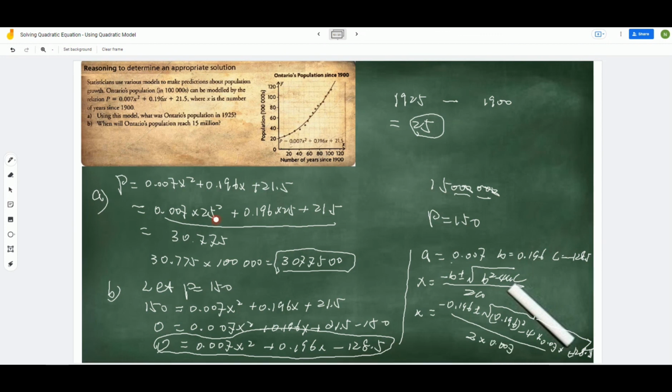I already used the calculator. So x1 equals a negative value, and next, x2 is positive.